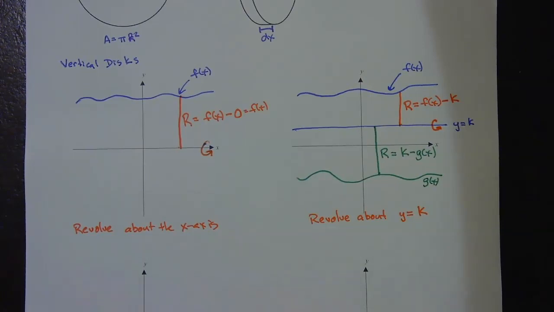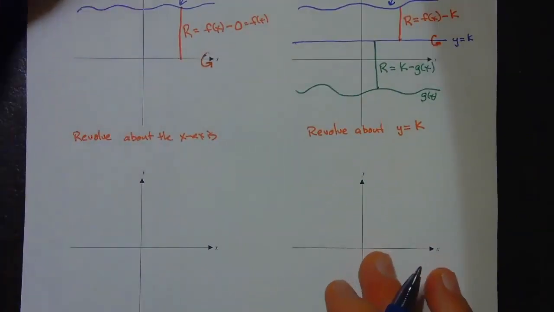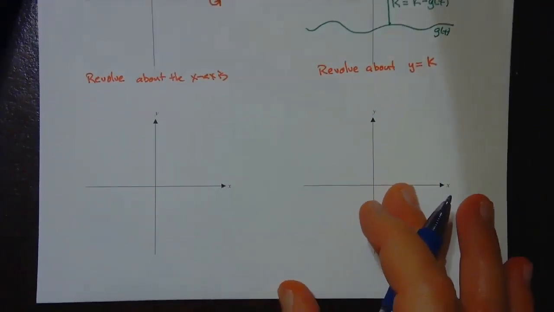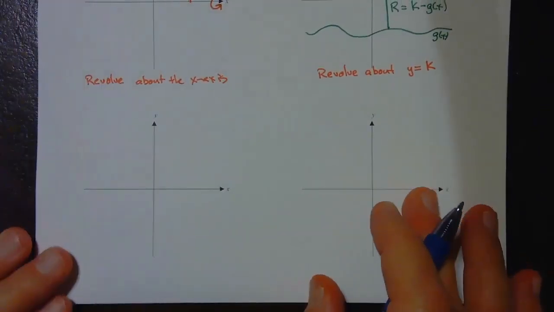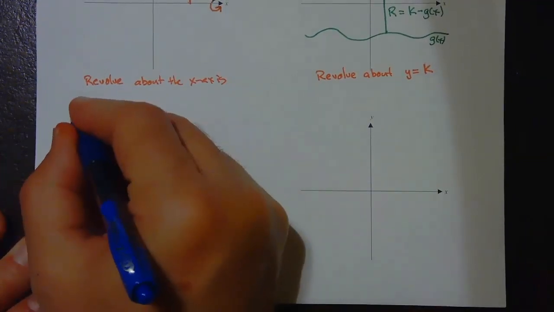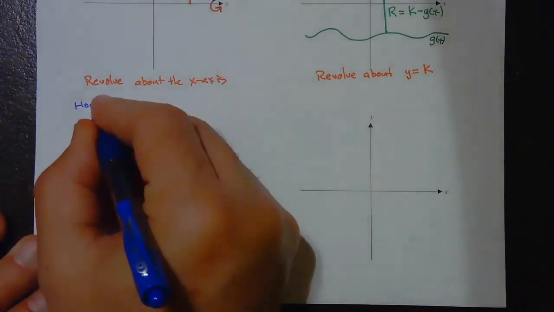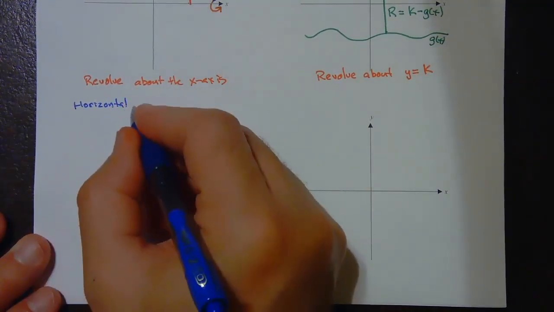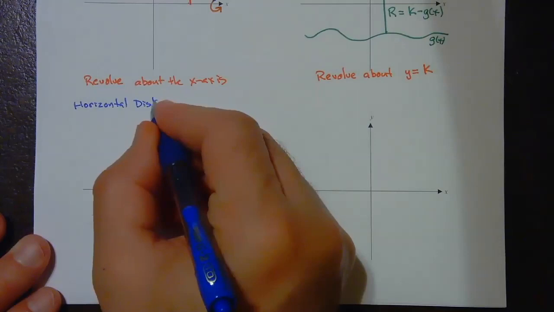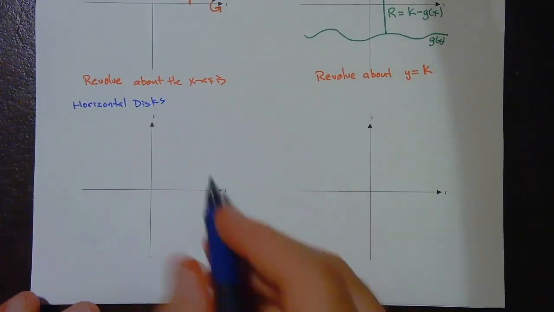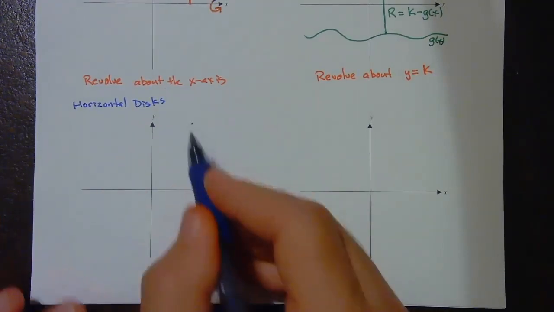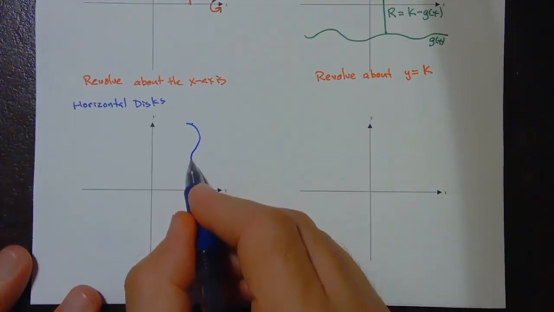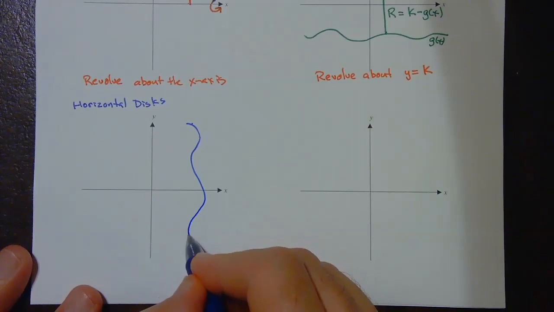So the next two that I'm going to do down here, let me slide this up a little bit. These are going to be horizontal discs. You would do this when you don't have functions of x, something like this.